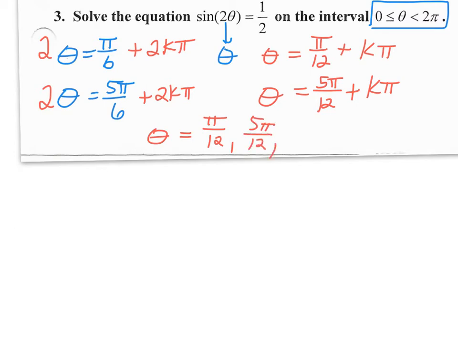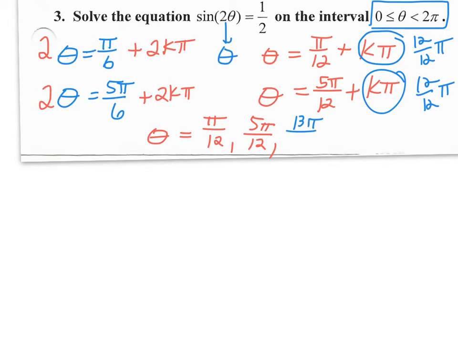Now I'm adding 1 pi on. And if I'm in 12ths, why don't we consider it as 12/12 of a pi? Same thing here, 12/12 of a pi. So if I take my 1/12 and add 12/12, I'm at 13/12, which is not over 2 pi, so it's okay. And if I do the same thing with 5/12, add 12/12 on, I get 17/12.